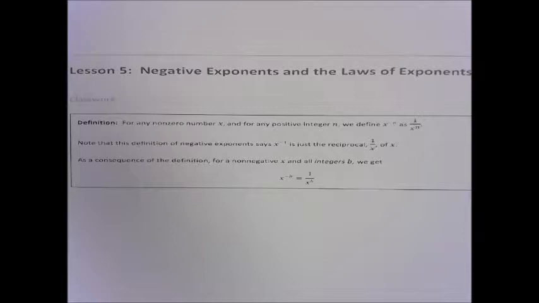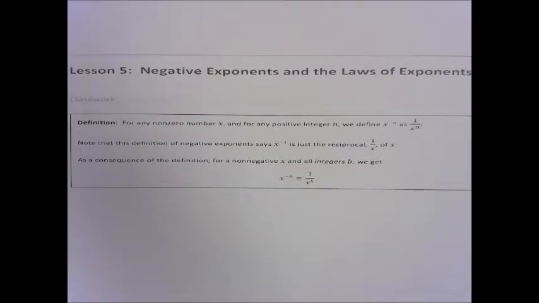So the definition of a number raised to a negative exponent can be found at the top of page 17 in your binder, and this is exactly what it looks like. The definition is: for any non-zero number x, and for any positive integer n, we define x to the negative n power to be the same thing as 1 over x to the n.